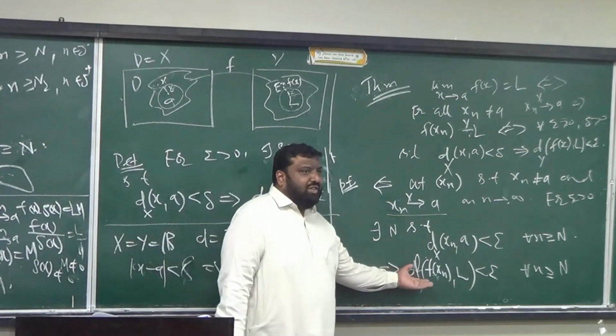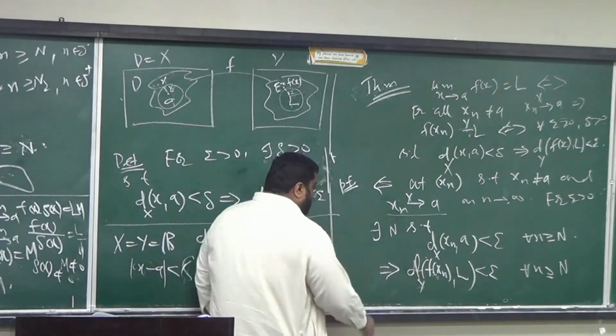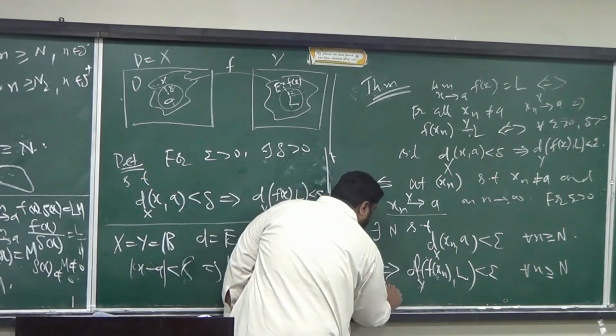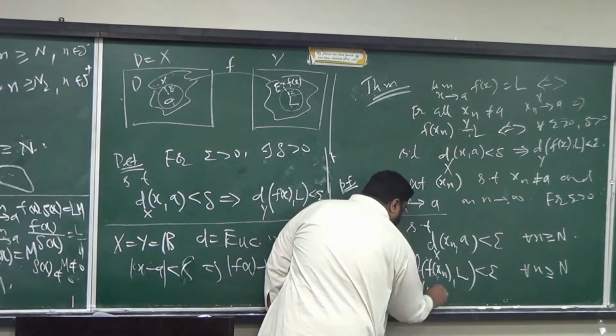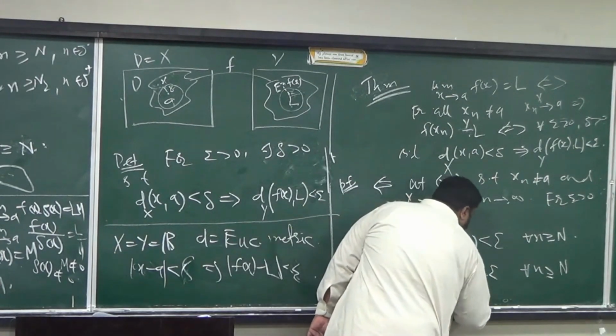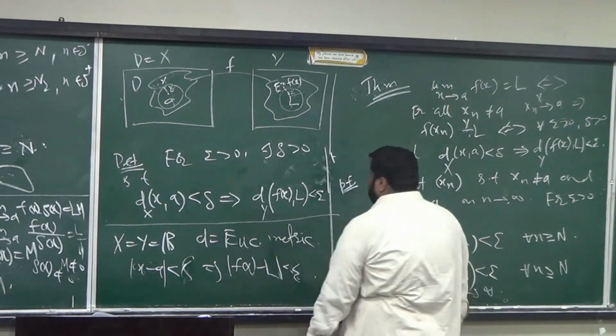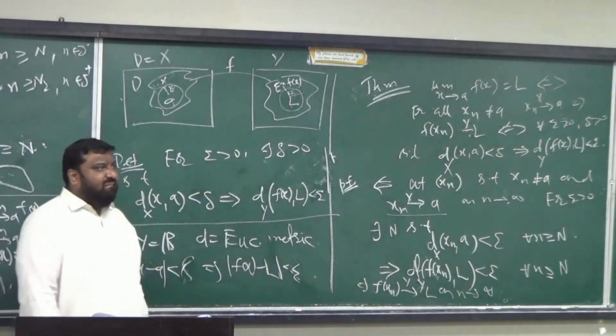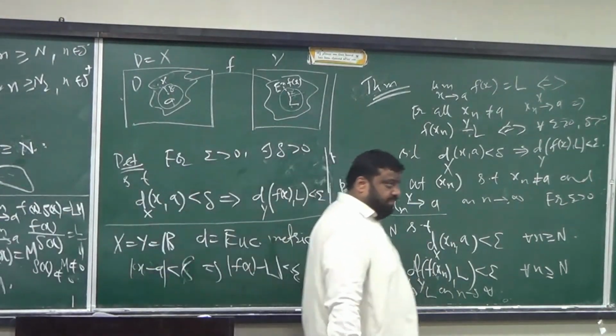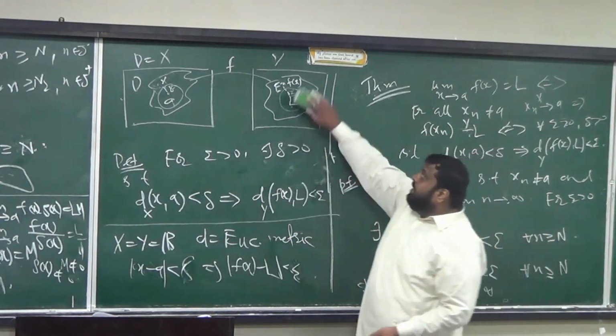That's the definition of convergence in Y. This implies that f of x_n converges to L in Y as n goes to infinity. So we are done with the one side. Agree? Okay.